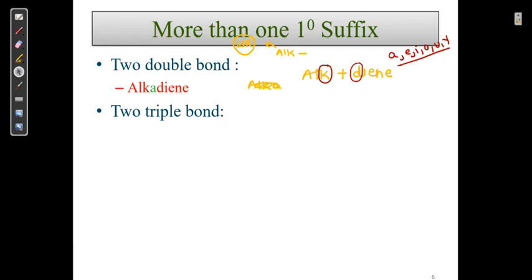We have to keep an extra A in the word root. So this is known as alkadiene. Due to that, it is written here A. Suppose here also alk plus triene. Then also you have to write alkatriene.